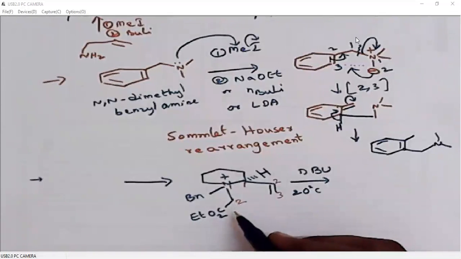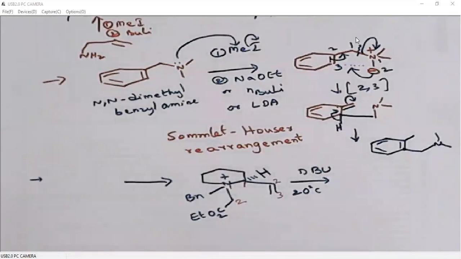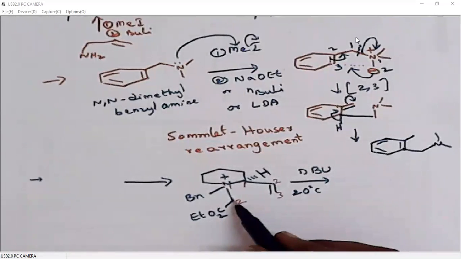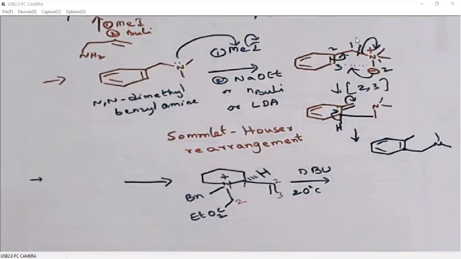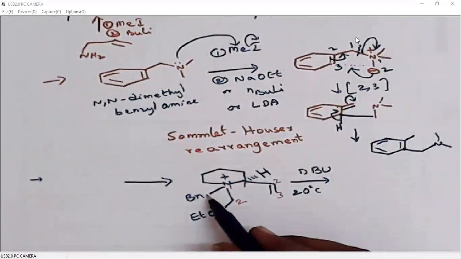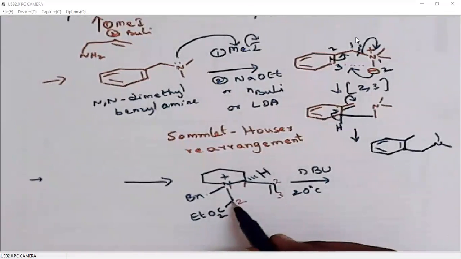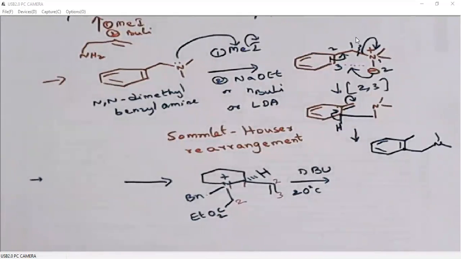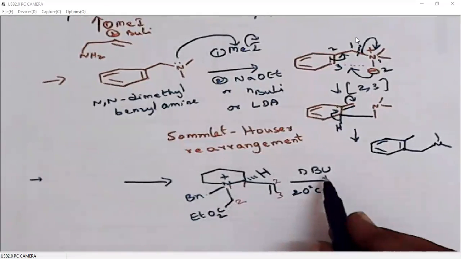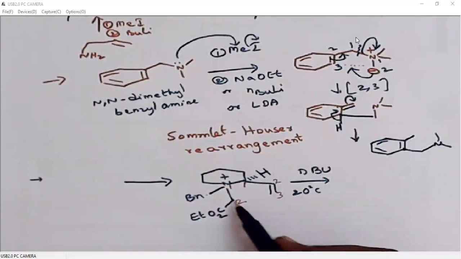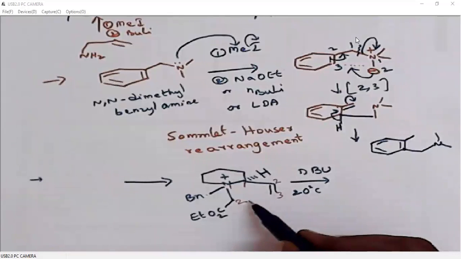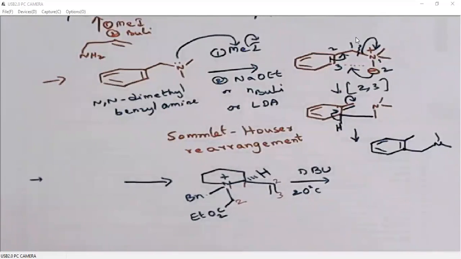Both are equally competitive carbons which can be involved in this 2,3 sigmatropic rearrangement. But instead of the benzyl anion, this anion is more favorable. So that is why I am utilizing this anion. So the DBU will generate the anion here, and that anion will undergo 2,3 sigmatropic rearrangement.